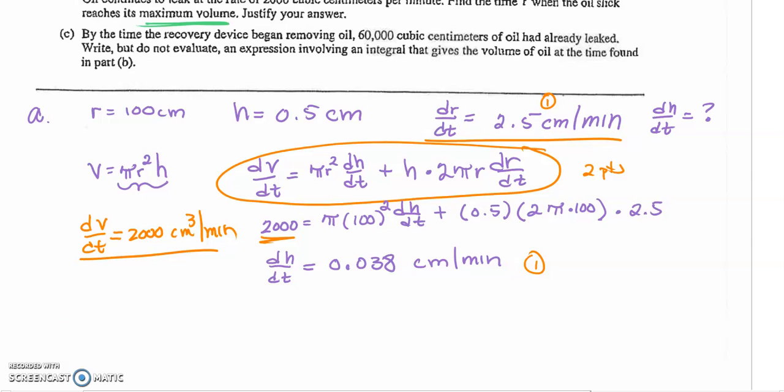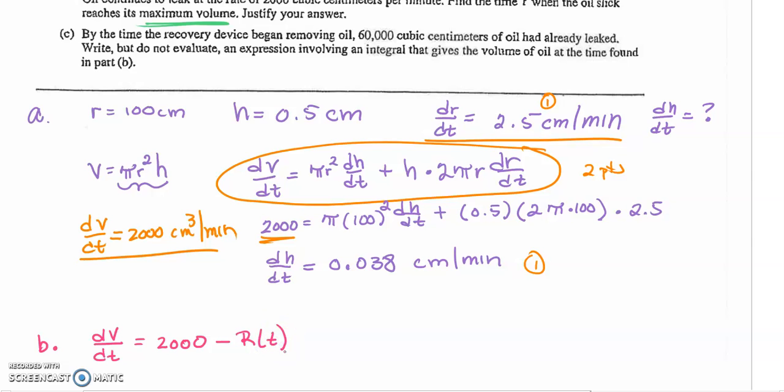I need the rate of the total amount of oil. So if I want to create that total volume of oil, I'm going to think about it this way. I need the rate at which the oil is leaking minus the rate at which the oil is being cleaned up.